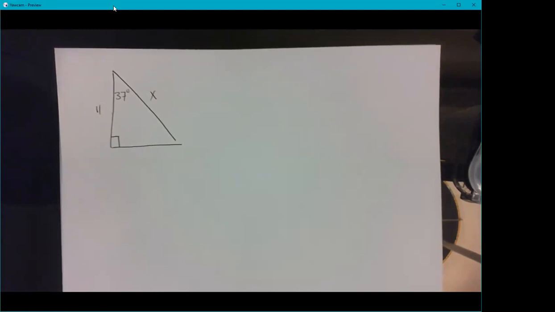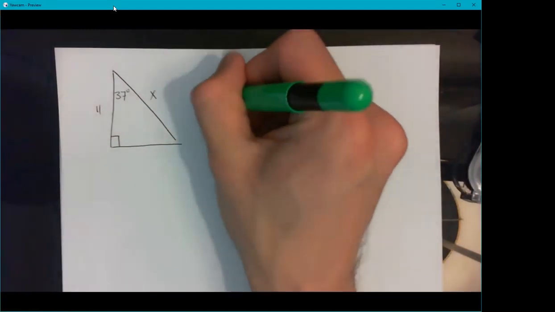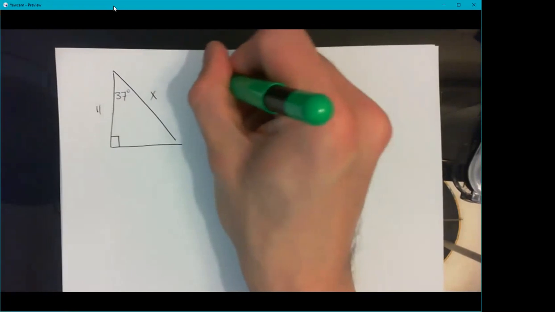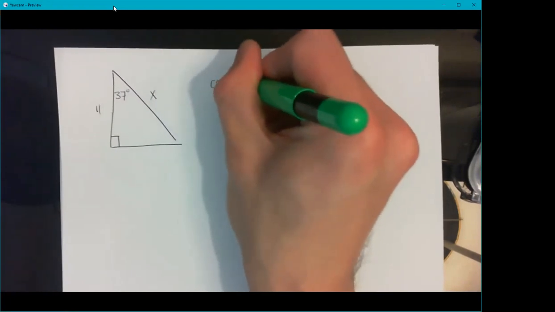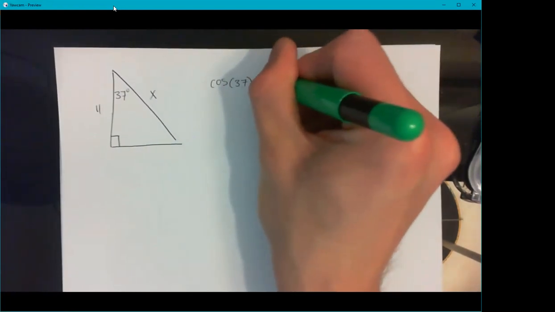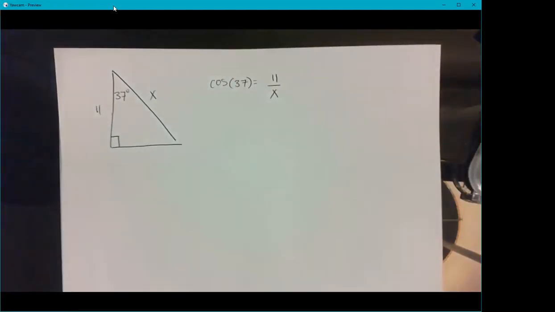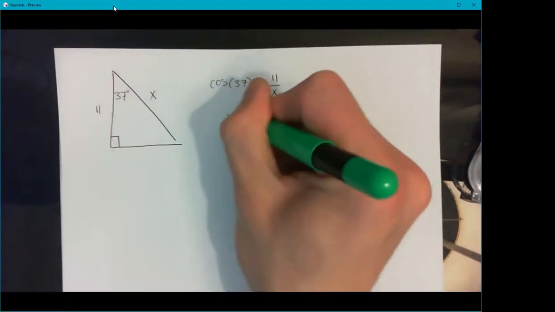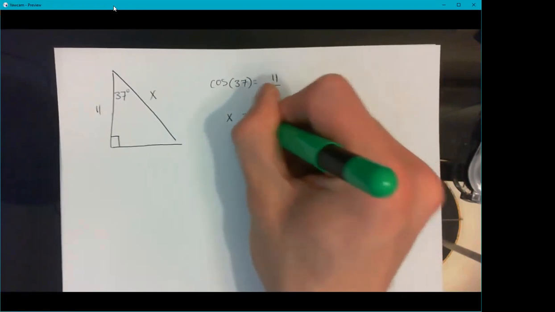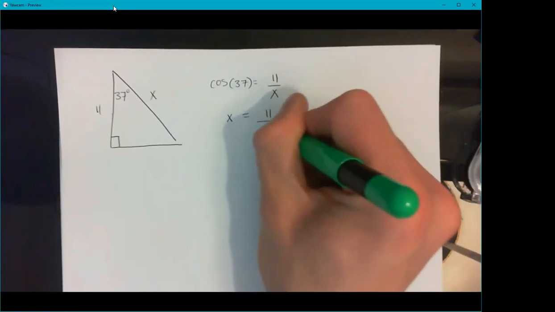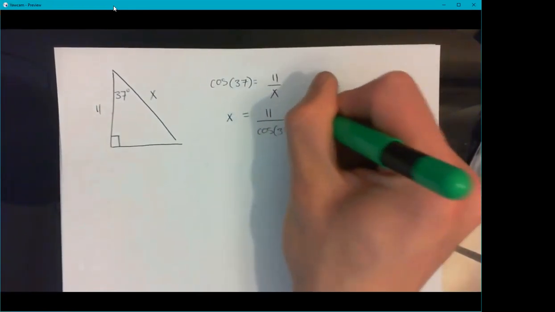Cosine. Good. Whenever in doubt, check SOHCAHTOA. So cos 37 is equal to adjacent over hypotenuse. Solve for x by cross multiplication. x is going to be equal to 11 divided by cosine of 37. So this is one way to get the correct answer.